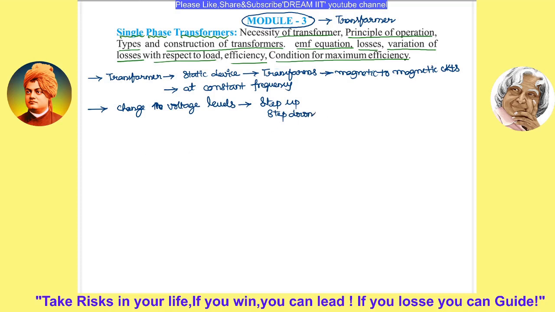In the transformer we are having majorly three parts. One is the magnetic core, I will show that. The second part is the primary winding, and another is the secondary winding. These are the different parts present in the transformer.